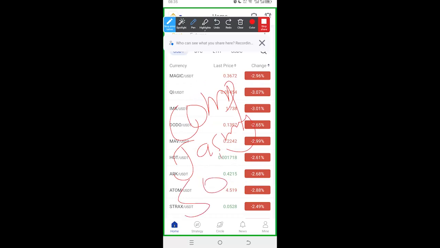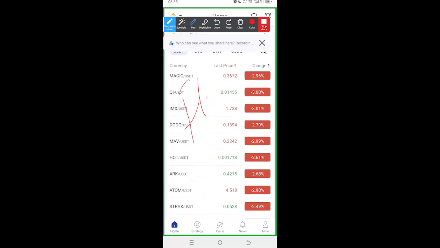Solana also gives a lot. I also trade Floki USDT. Also, the coin that gives me money when I trade is Mana. I trade that coin.